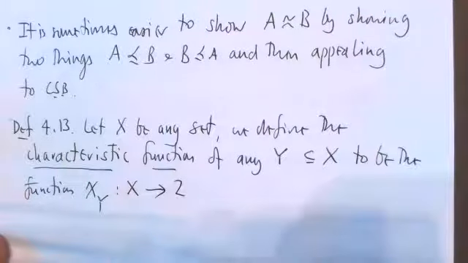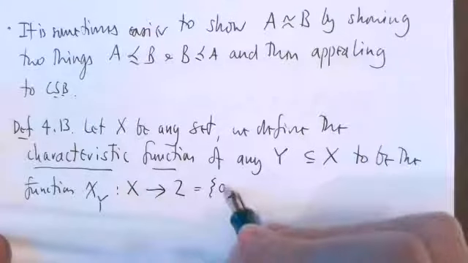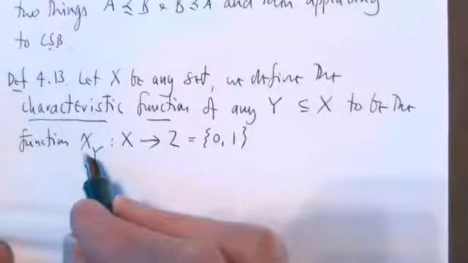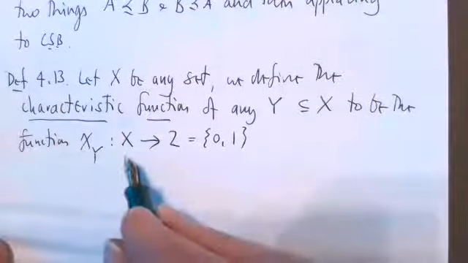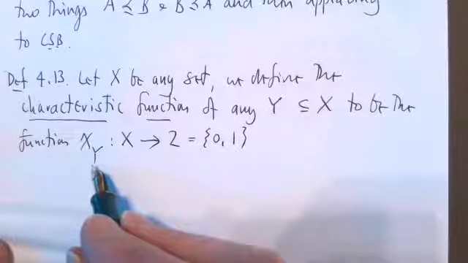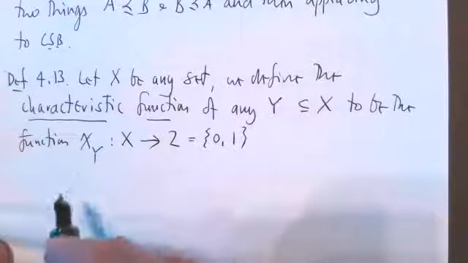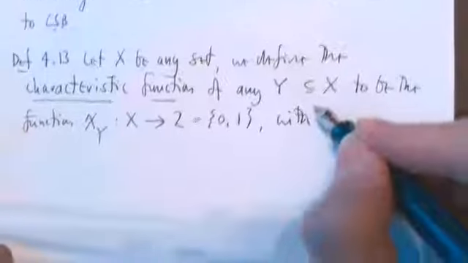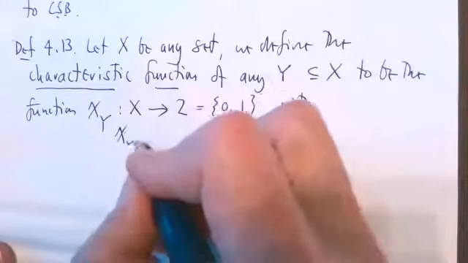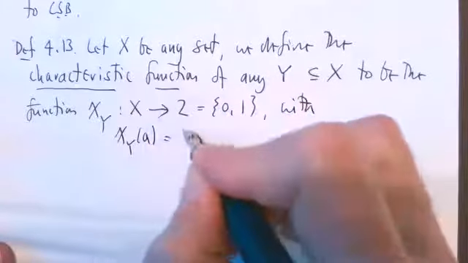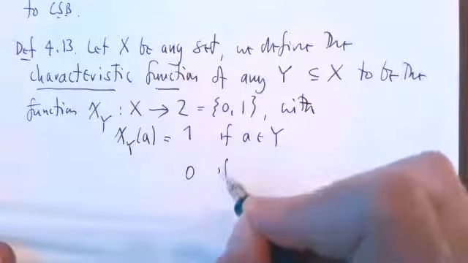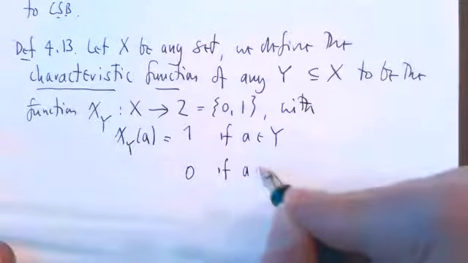Remember 2 equals {0, 1}. And what chi does is return a 1 if the input is in Y and a 0 otherwise. So chi of Y of a is 1 or 0 if a is in Y and if a is not in Y.